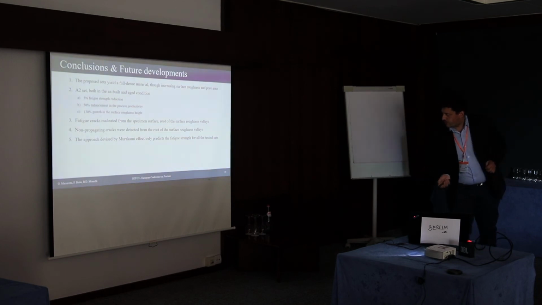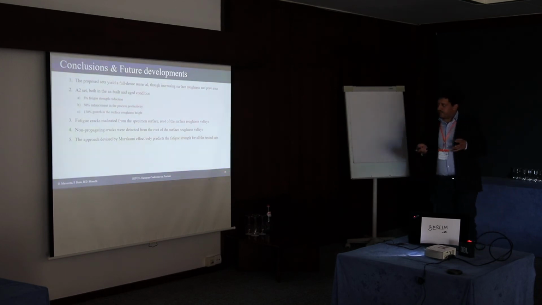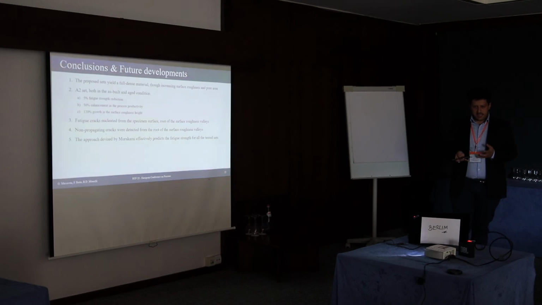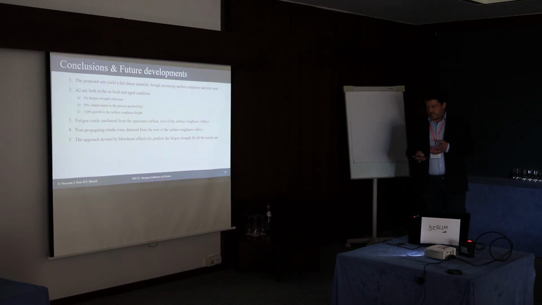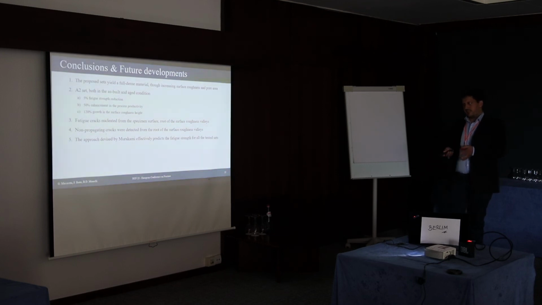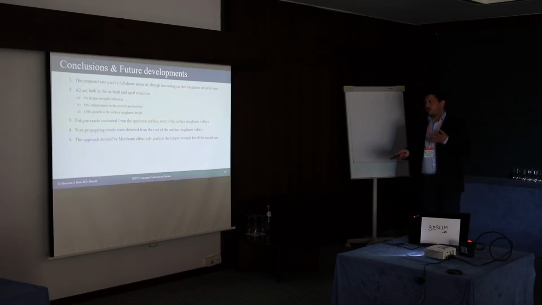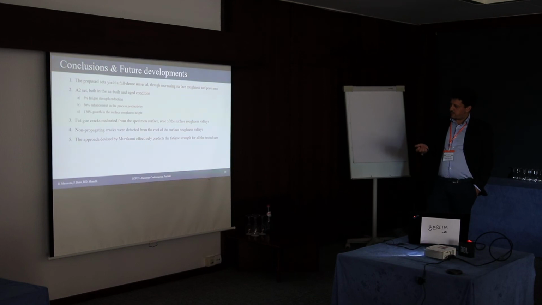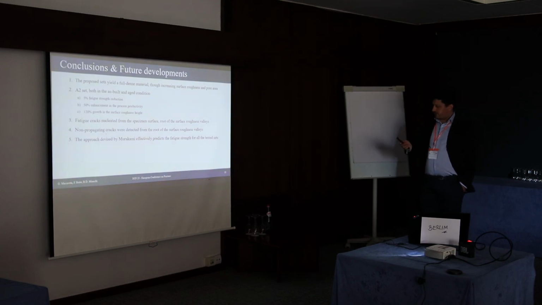Just to finish, what we saw is that with a material like an additive manufacturing material that is already full of defects, adding other defects leads to a saturation effect. Adding other defects doesn't produce a linear decrease in fatigue strength.